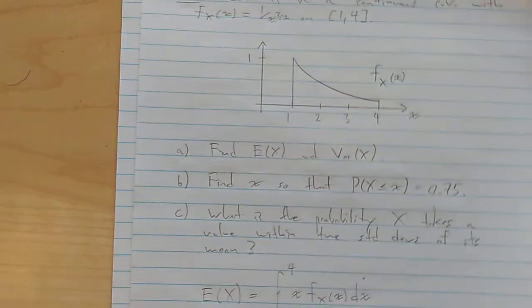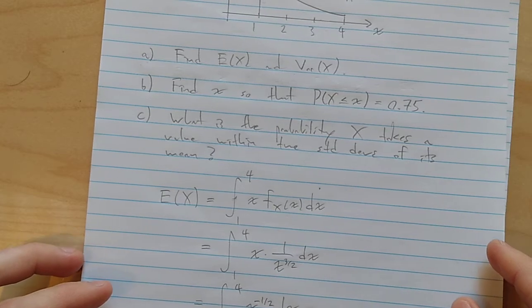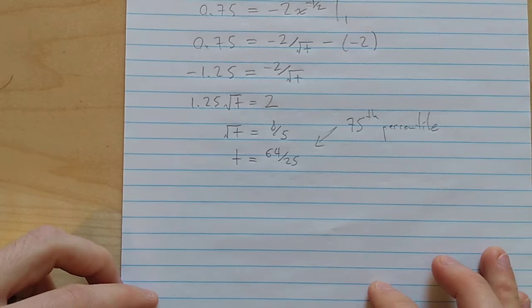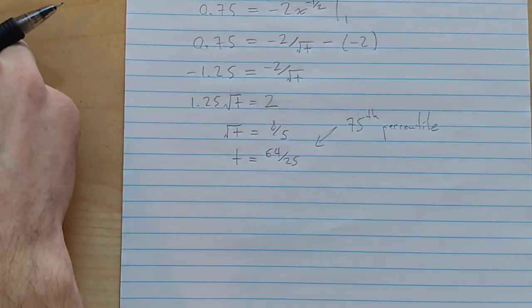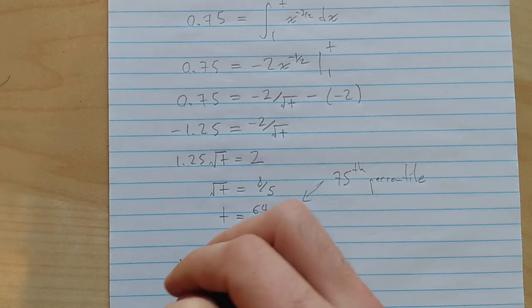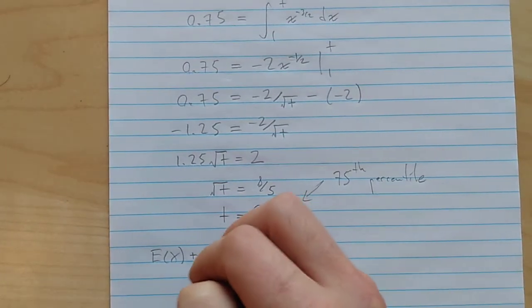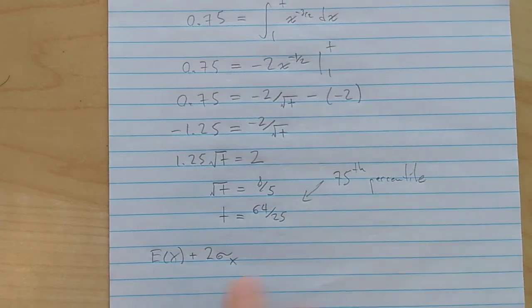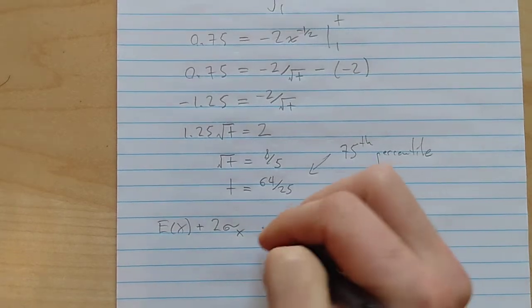Good, now finally, the last part. What is the probability x takes a value within 2 standard deviations of its mean? All right. So remember that the mean, what was the mean? We figured out it was 2, and the variance was 2/3. So if we take the expected value, the mean, plus 2 standard deviations. I use the symbol sigma x for the standard deviation of x.